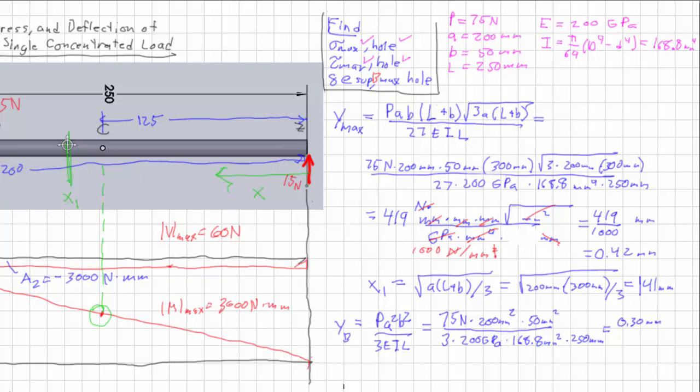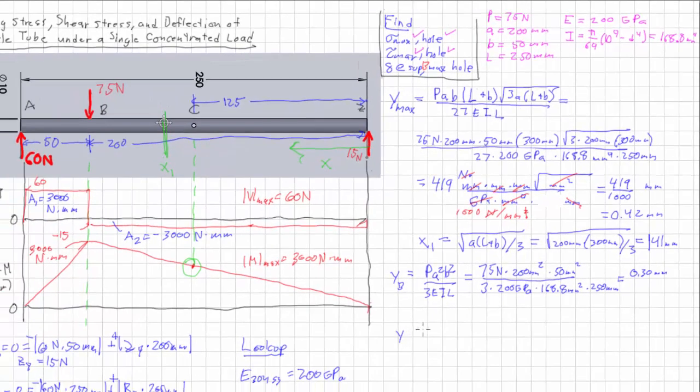And then y at the hole, which is C, is PBX over 6EIL.